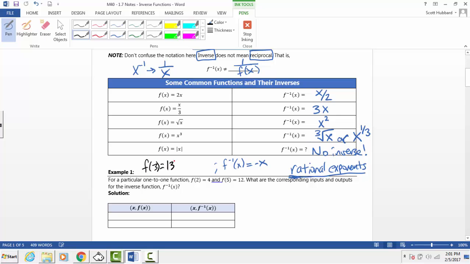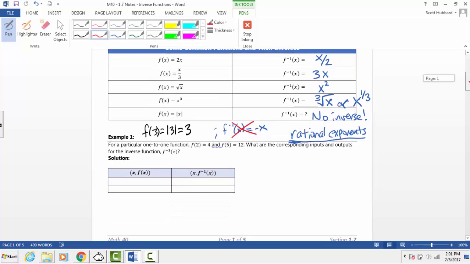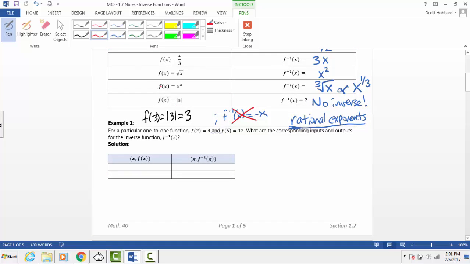I get the absolute value of 3, which is 3. And if I multiply that by a negative sign, that does not get me back to where I started. So this is not a good inverse, and it turns out there's no inverse. It's pretty easy to tell on a graph.